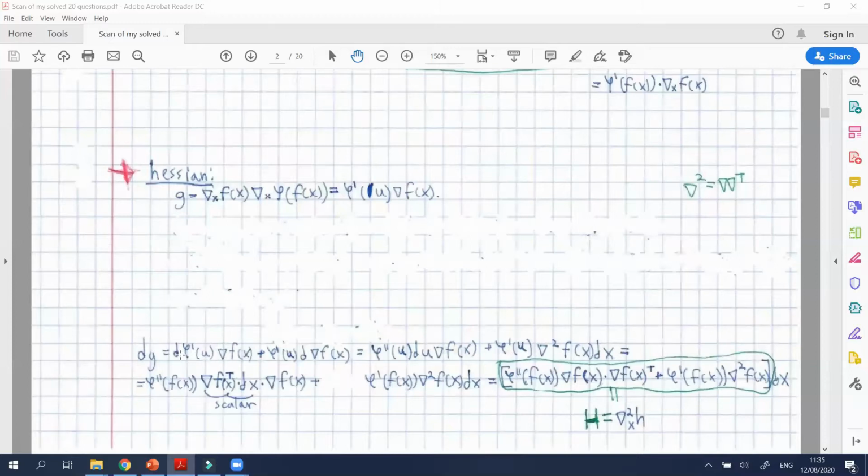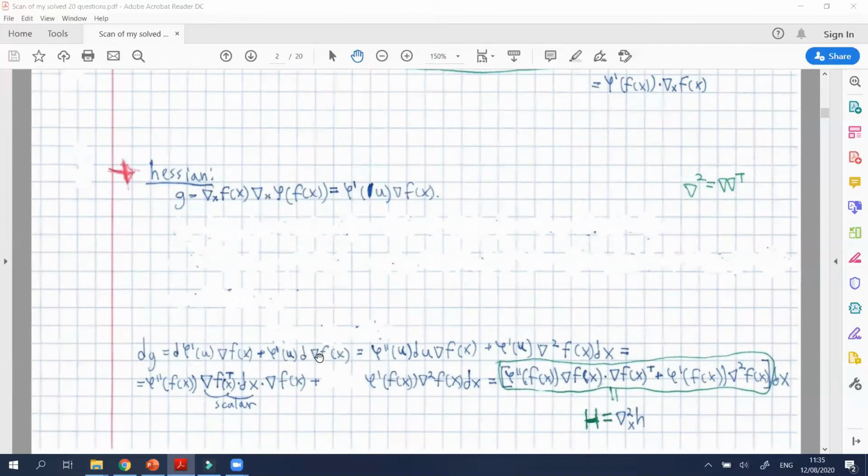So we want to get the differential of this, which would be the differential of phi prime u times gradient f of x. And the multiplication rule says we have to add phi prime of u with the differential of the gradient of f of x.